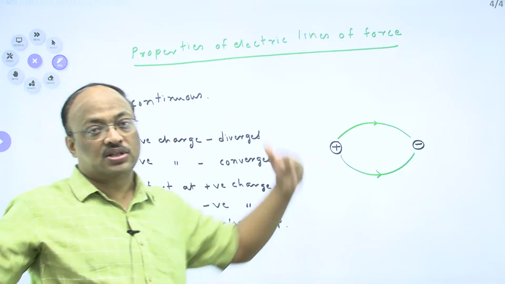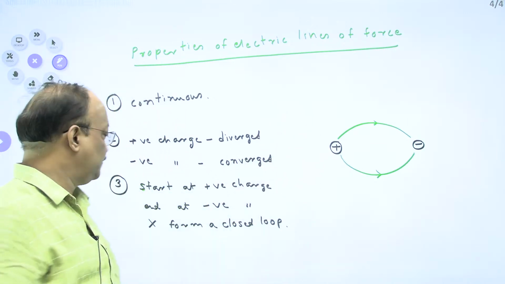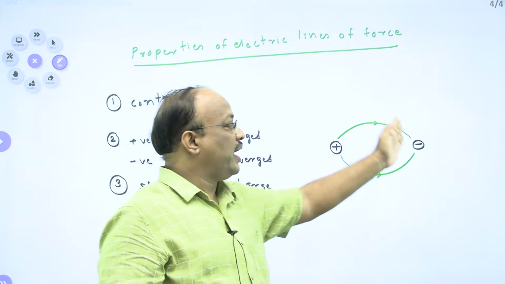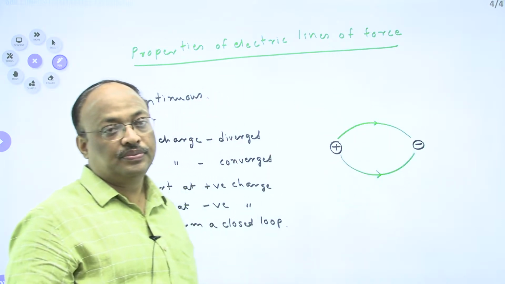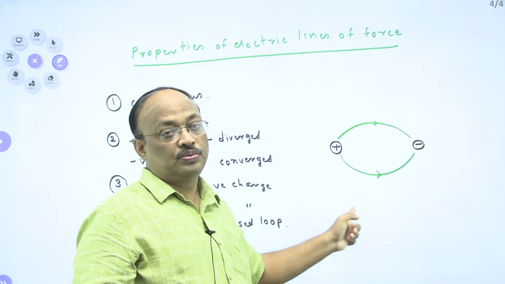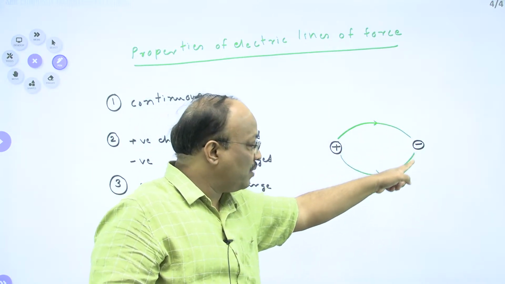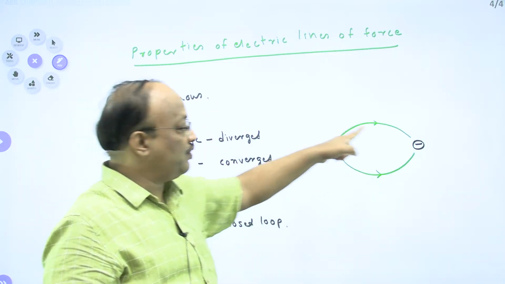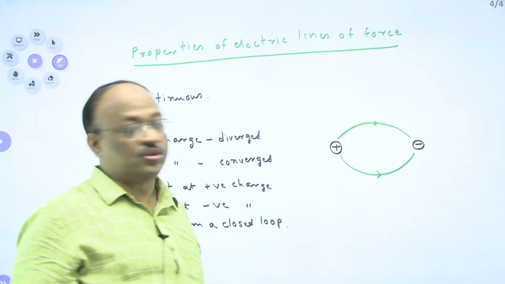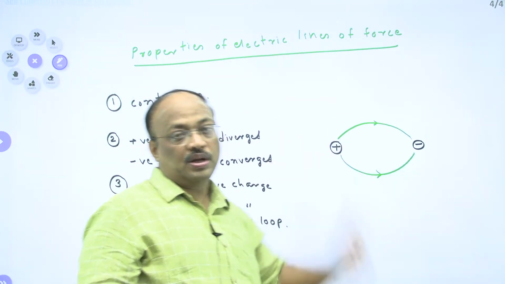Isolated negative charge, electric lines of forces are converged. Then third point, it will start at positive, end at negative, but never form a closed loop.